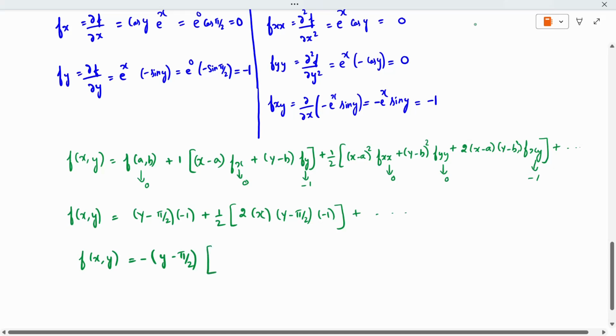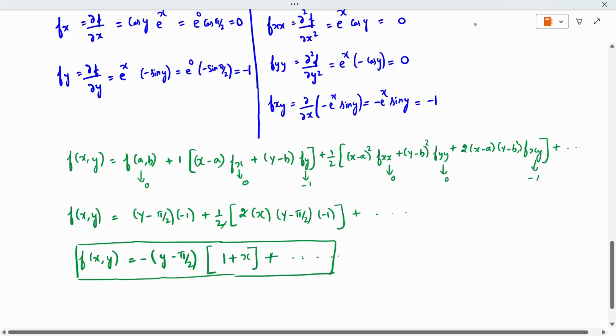When I take it outside, the 2 gets cancelled, and in this the only thing left is x, so 1 plus x. That's all. We are getting it in a very simplified form. So like this you can simplify it or leave it as it is. The given question itself we can leave it. Thank you.